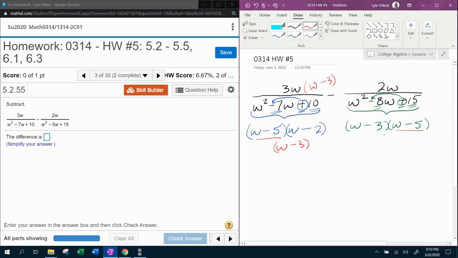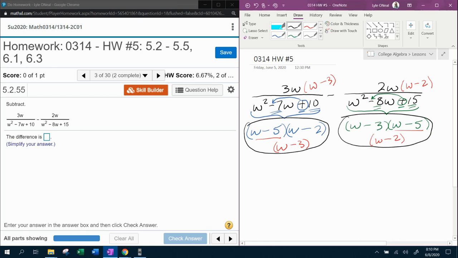And then the second denominator is missing the W minus 2 that's in the first one. So it needs a W minus 2. If I give it to the bottom, I have to give it to the top. And now if you take a look at both denominators here and here, you'll see that they have exactly the same stuff. And so now we can put these two fractions together, okay?